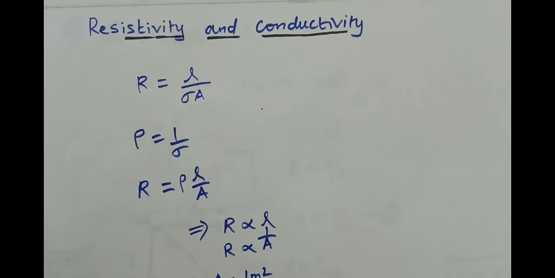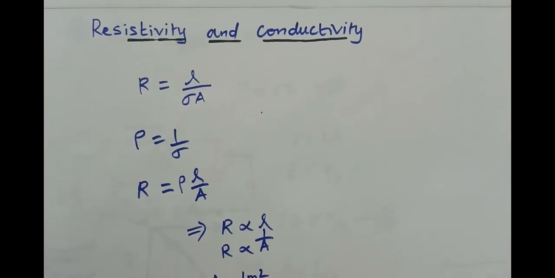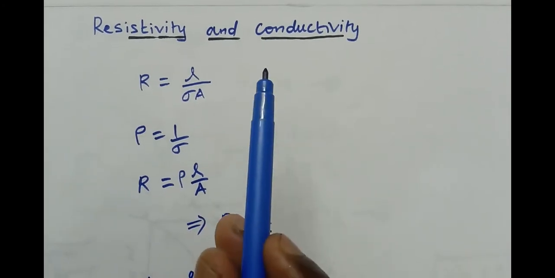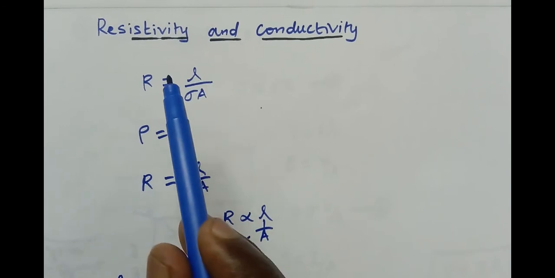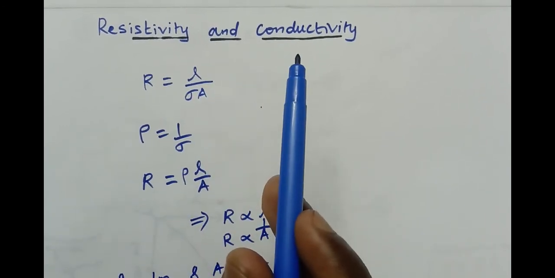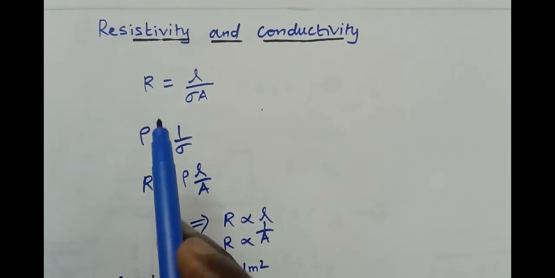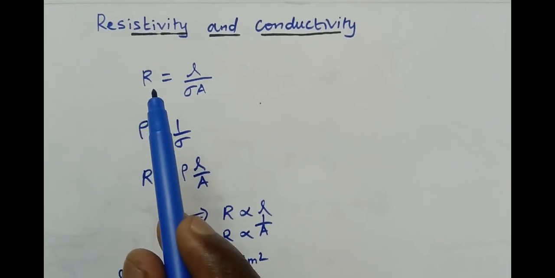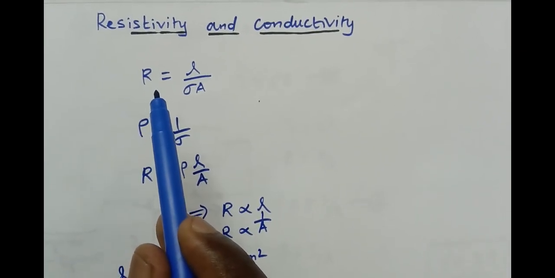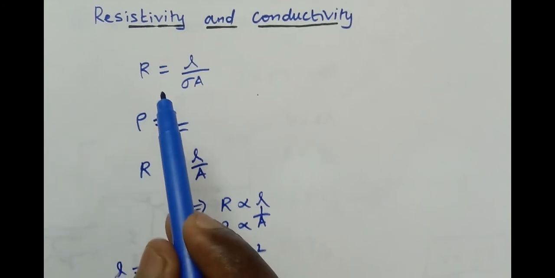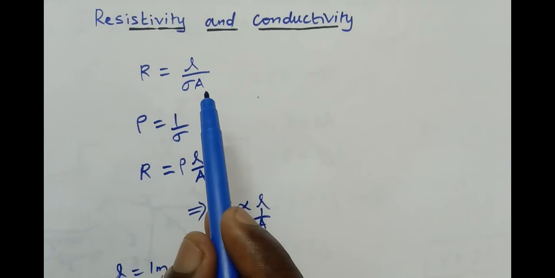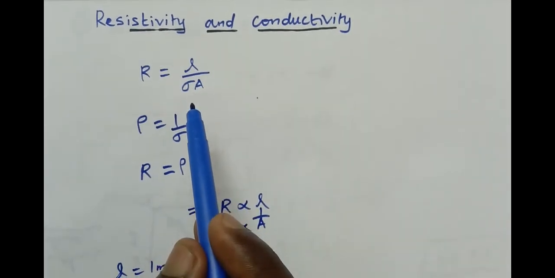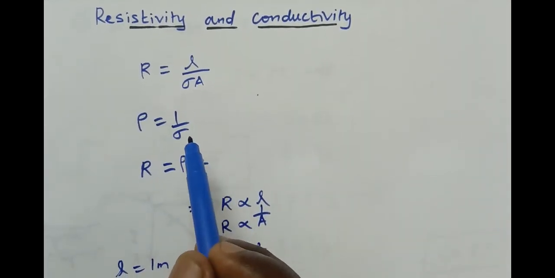One more topic to discuss: resistivity and conductivity. Already we have discussed the previous topic. Now, in the previous section, we have seen that the resistance of the conductor is given by R = L/(σA). 1/σ is nothing but the resistivity of the material.